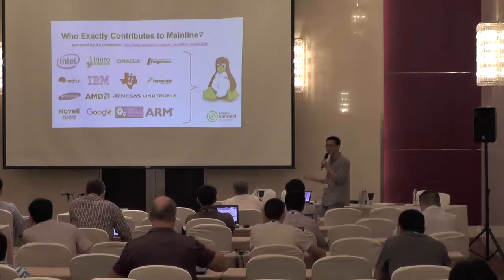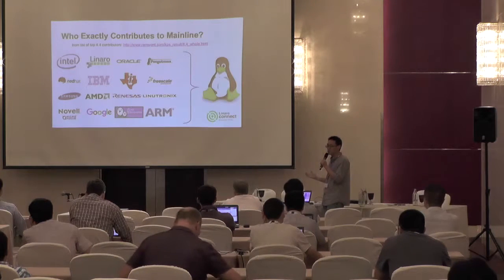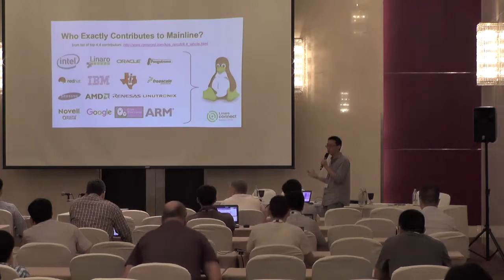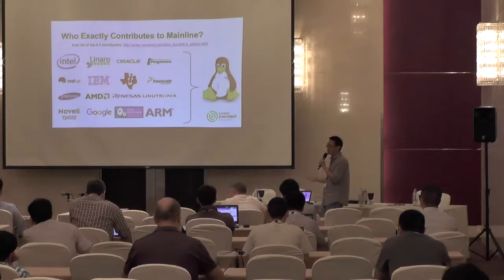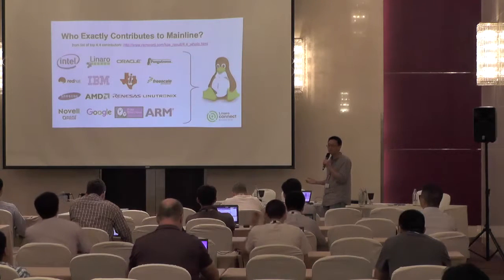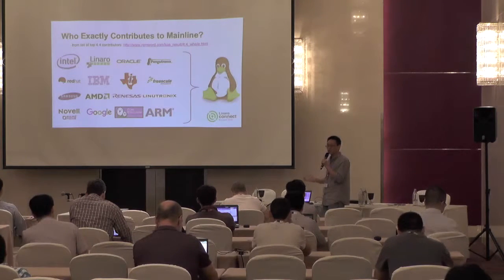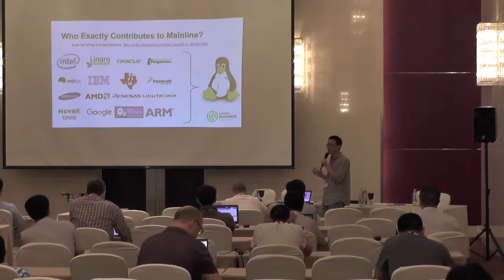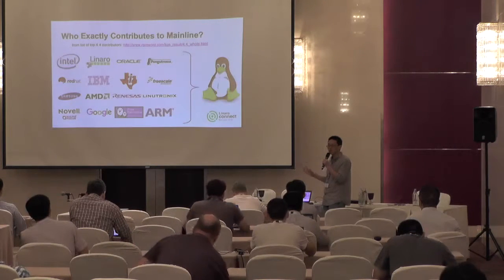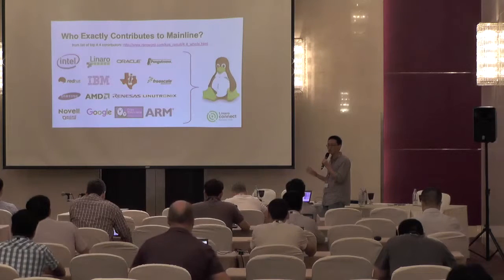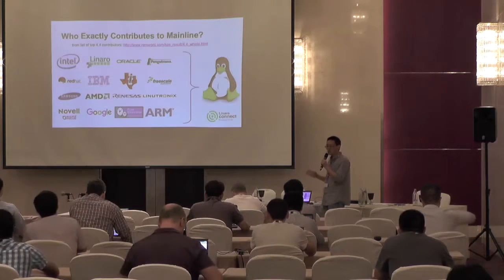But the companies have different purposes for contributing. For example, many big companies may want to influence the technical direction, so they contribute many patches to the mainline kernel and want to be at the front of the technical development.